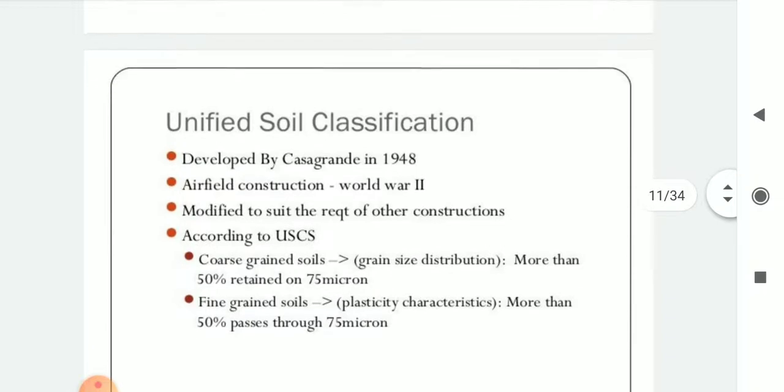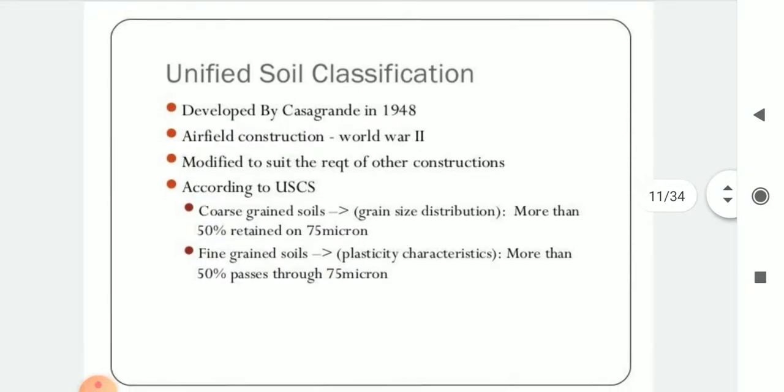Then let's start with the Unified Soil Classification, that is USCS, developed by Casagrande in 1948 for airfield construction during World War II, and modified to suit the requirements of other constructions.